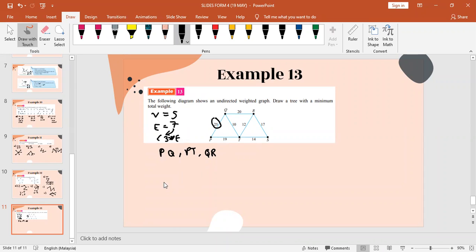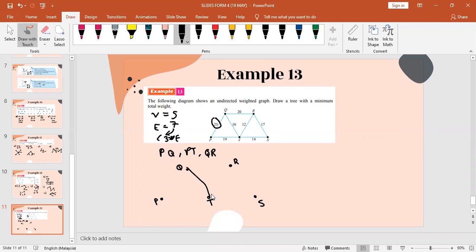So we only have P, and then P, R, and S. And this one is Q. So kita sambung.